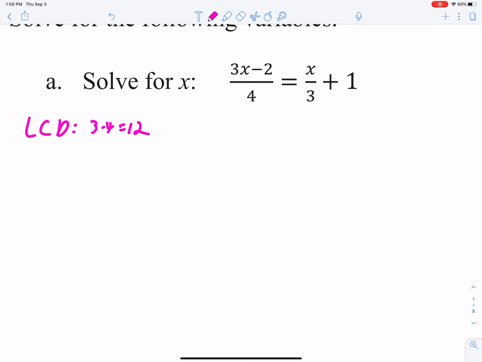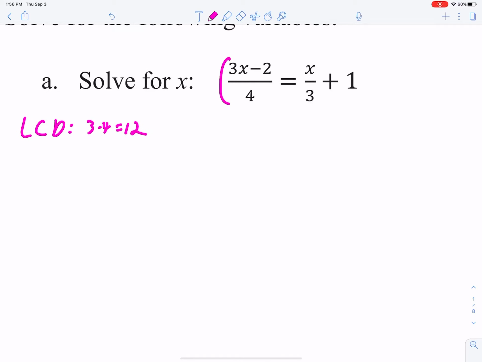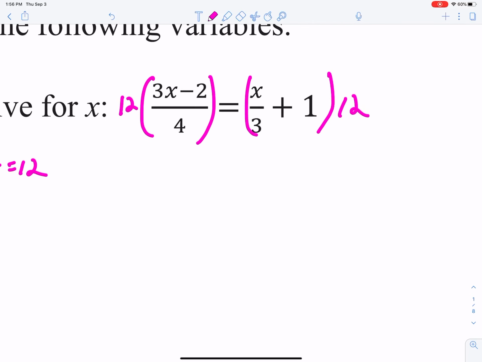So what we're going to do to clear these denominators, to get rid of these fractions, is multiply both sides by 12. All right, notice my proper use of parentheses here. So we can make this nice and easy. Now, what you could do is work harder, not smarter, but we want to work smarter, not harder.